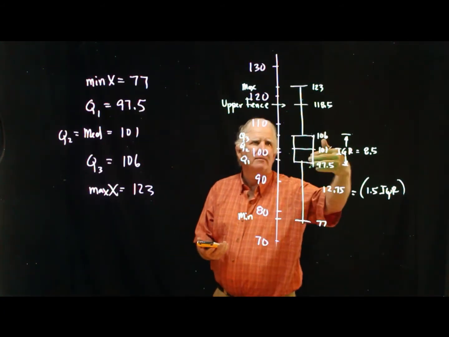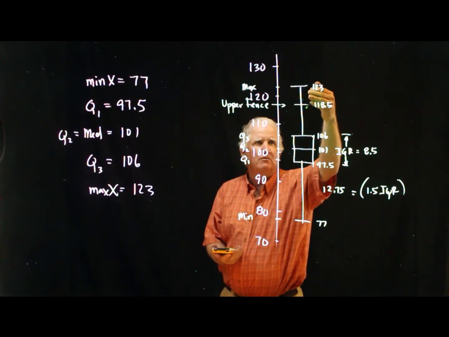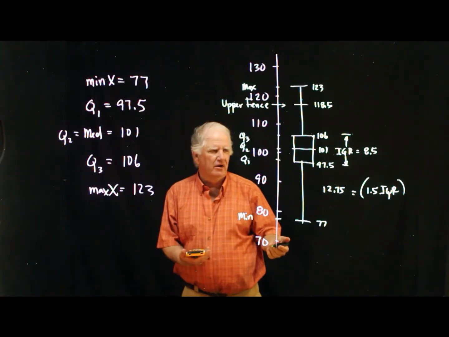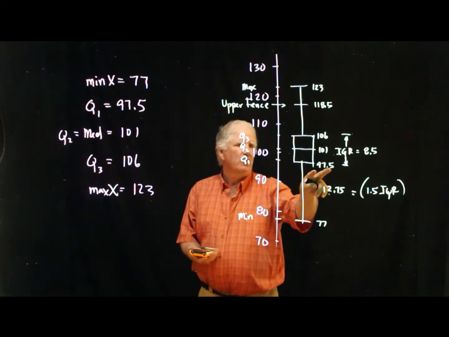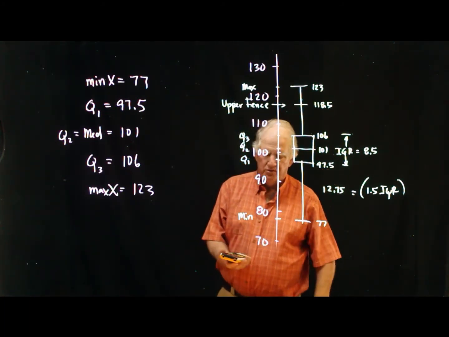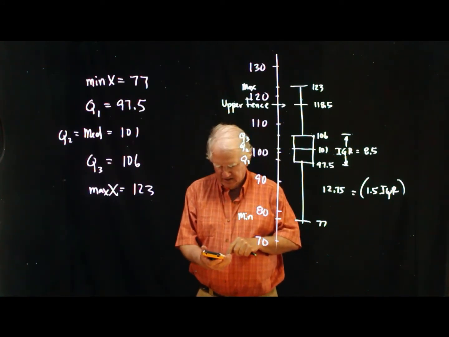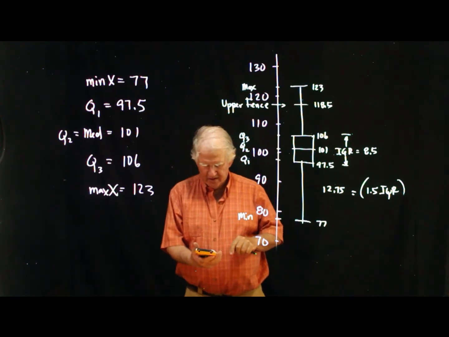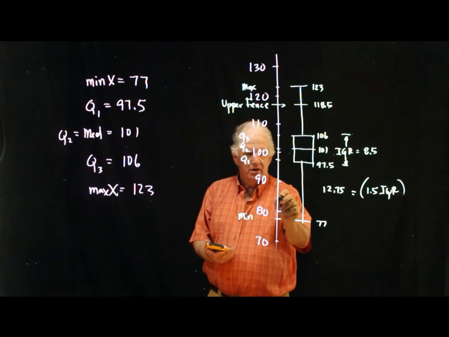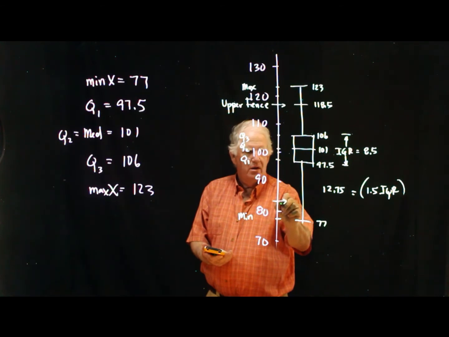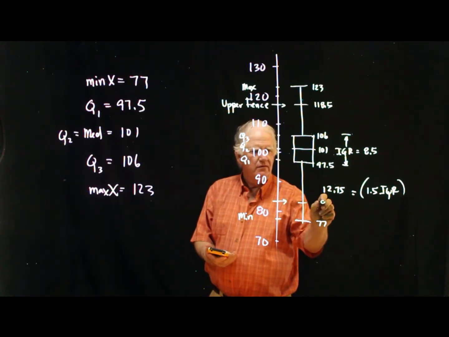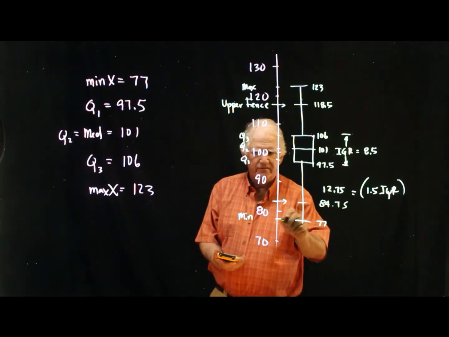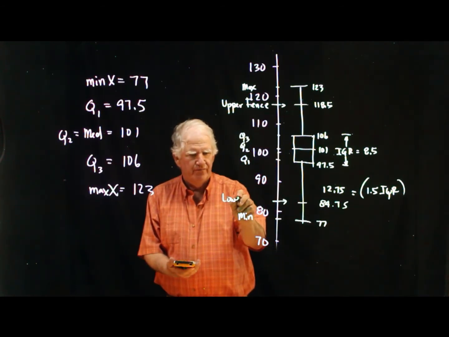Any data point above 118.75, and of course less than the maximum, would be considered an outlier by this rule. And if I subtract 12.75 from Q1, holy Toledo, I might actually have to use the calculator. I get 84.75, and this is the lower fence.